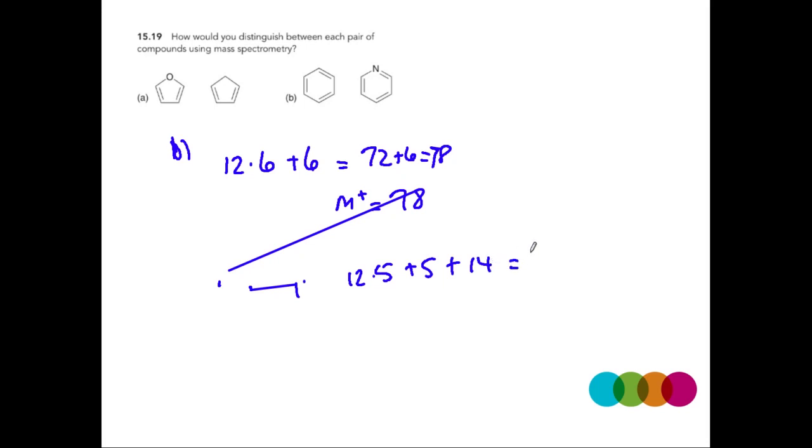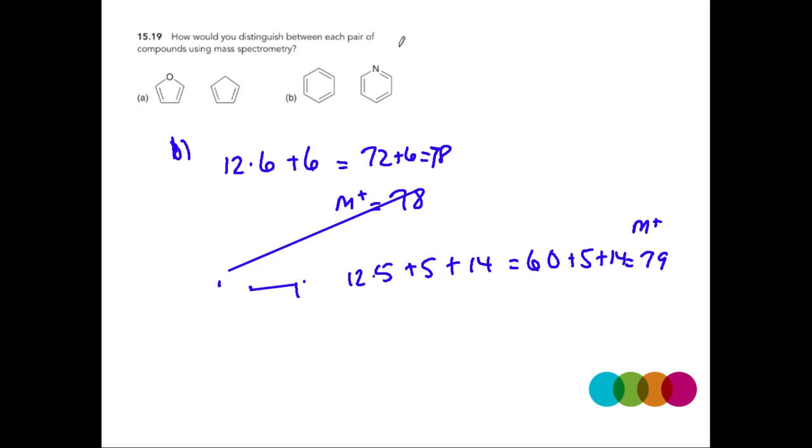That's going to be equal to 60 plus 5 plus 14, which is equal to 79. So the molecular weight for this molecule is going to be 79 versus 78. So we could also distinguish between these two molecules in GCMS and mass spec. Our molecular ion peak in this case is going to be at 79.